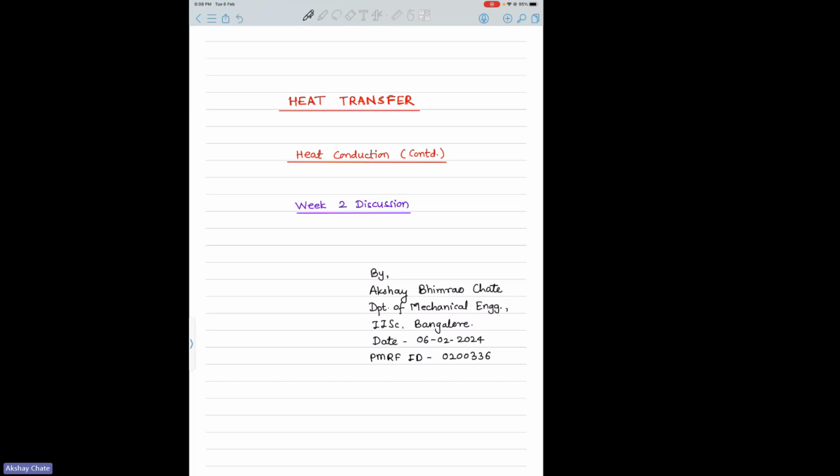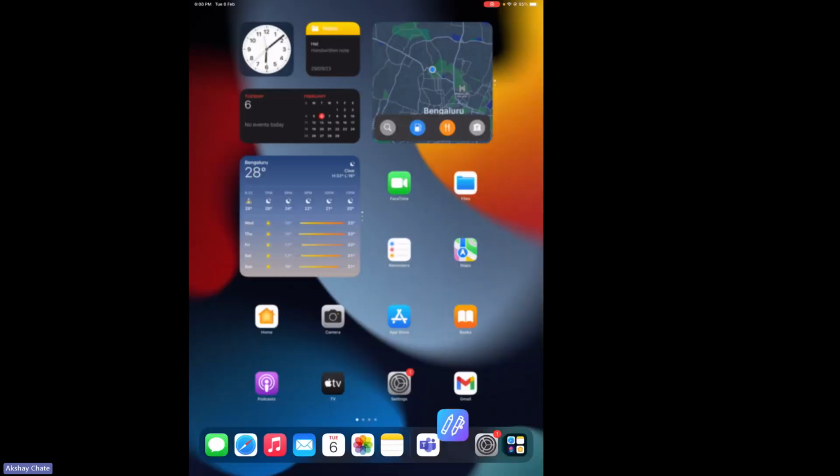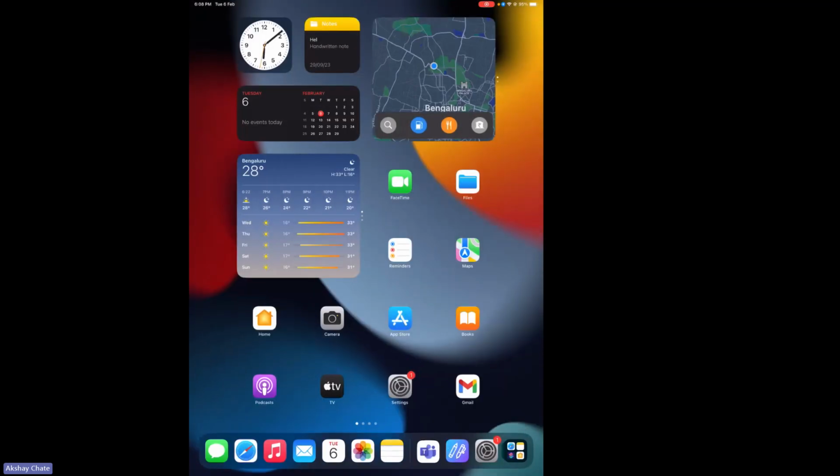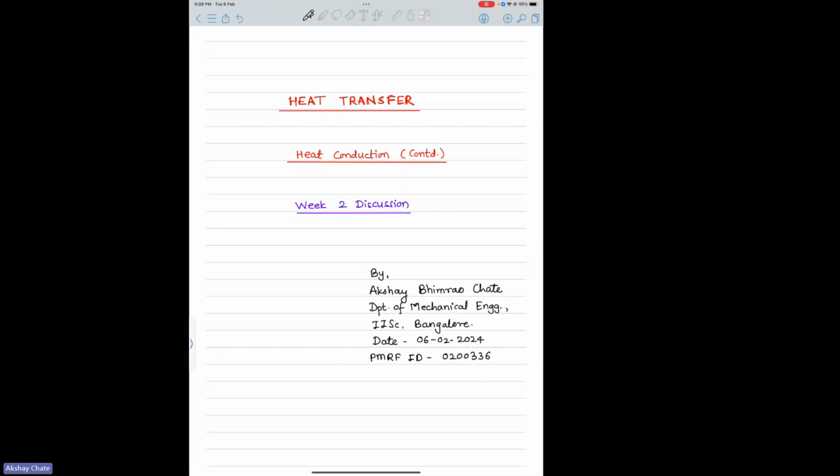One second, I'll check. Yeah, I think the screen is visible. Yeah, audio is on. And what about the pencil? This happened after a long time. I don't know why.